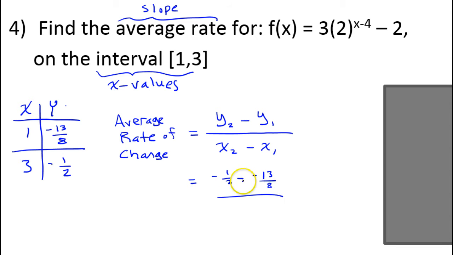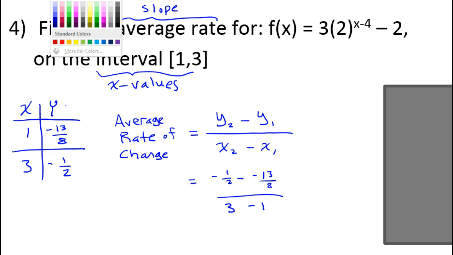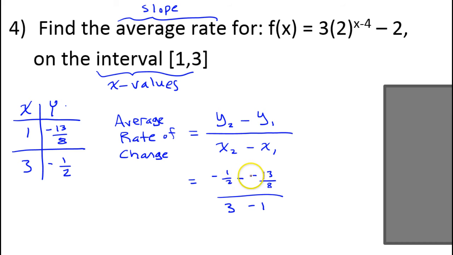Okay, that's my y minus y. Now x minus x will just be 3 minus 1. So we just need to simplify all this down. Now, be careful here. I have minus a negative, so hopefully you remember that minus a negative becomes addition. So this is really negative 1/2 plus 13 over 8.